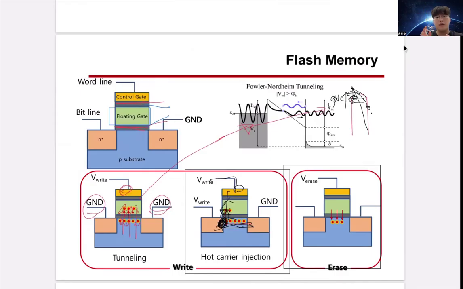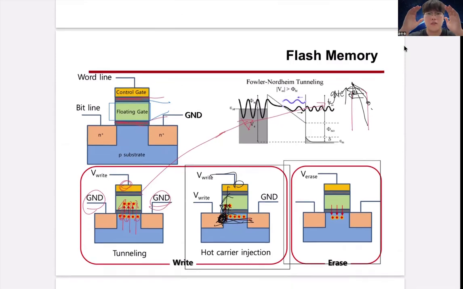So the flash memory is a non-volatile memory. A week ago, I told you DRAM and SRAM are volatile memory. So in SRAM and DRAM the data is deleted when the bias is cut off, but the flash memory is non-volatile memory, so we can keep the data when the bias is cut off.